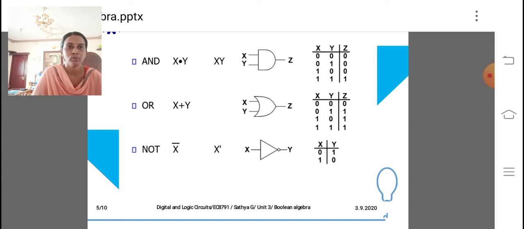In three of the states, any one of the inputs is high, so the output is high. Then the last case is our NOT gate. In the NOT gate, if we give input 0 the output is 1, and if we give input 1 the output is 0. That is the complementary state. If the input is low the output is high, and if the input is high the output is low.